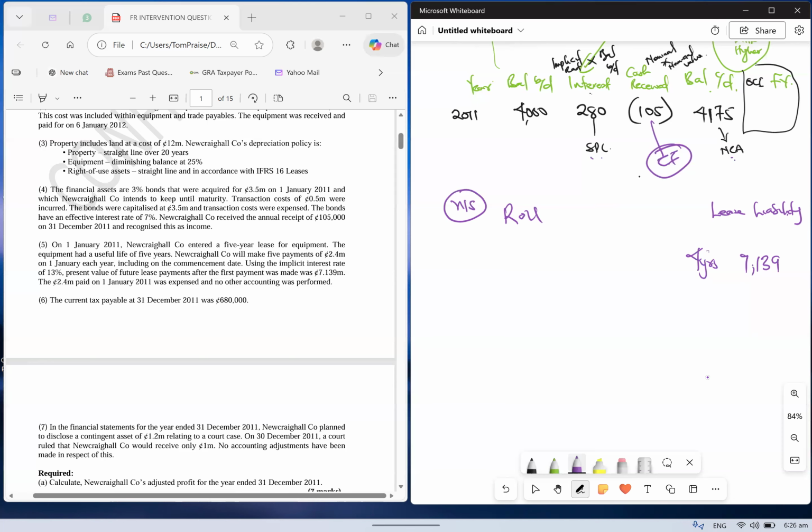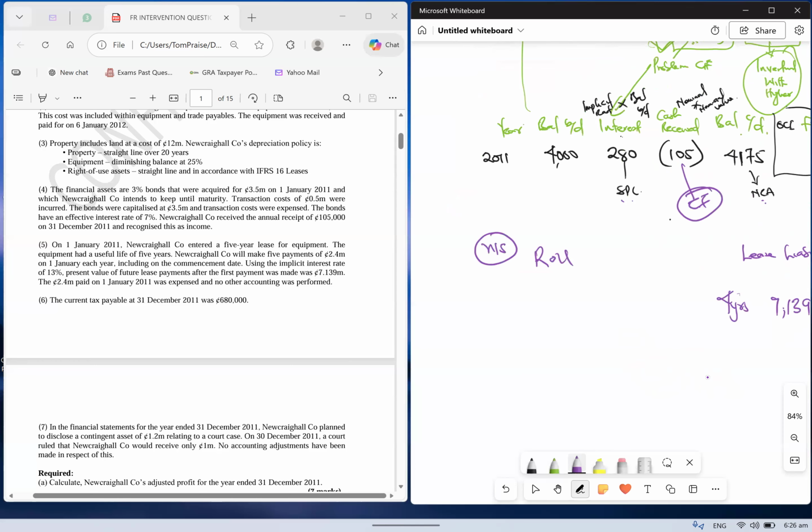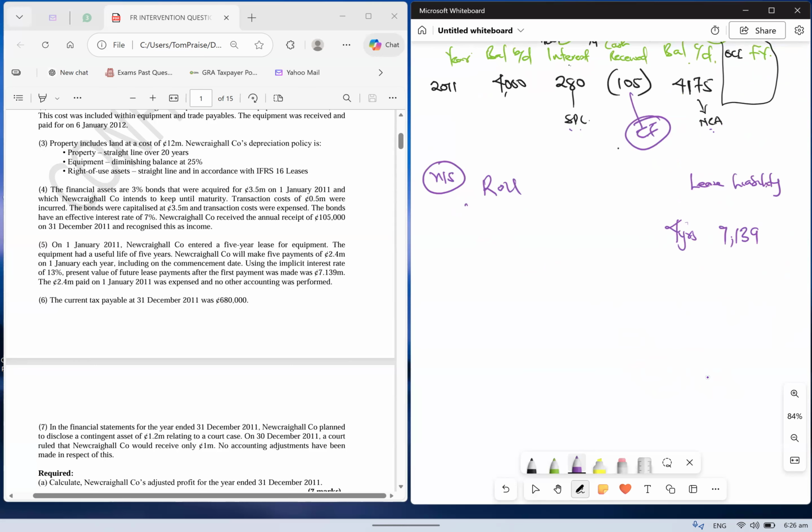And he says that the 2.4 paid on January was expensed. You can't expense that one. That 2.4 paid in the first year is not an expense. So since they treated this as an expense, they subtracted it from our income. We need to go and add it back. It's not an expense. It is payment on commencement date.